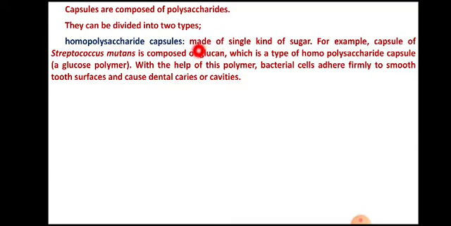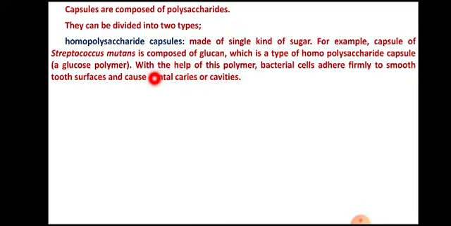For example, the capsule of Streptococcus mutans. This is the name of a bacterium. It is composed of a polysaccharide material called glucan. This glucan is a type of homopolysaccharide made up of repeating units of glucose.